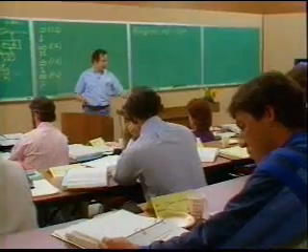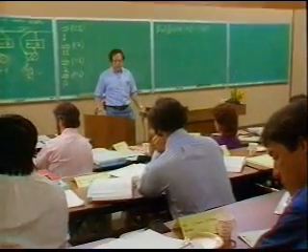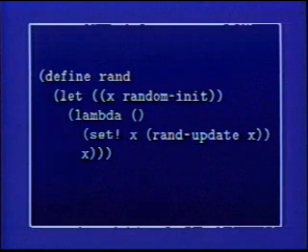Of course, this depends upon the existence of some sort of random number generator. And random number generators generally look something like this. A random number generator is, in fact, a procedure which is going to do something just like the counter. It's going to update an x to the result of applying some function to x, where this function is some screwy kind of function that you might find out in Knuth's books on the details of programming.